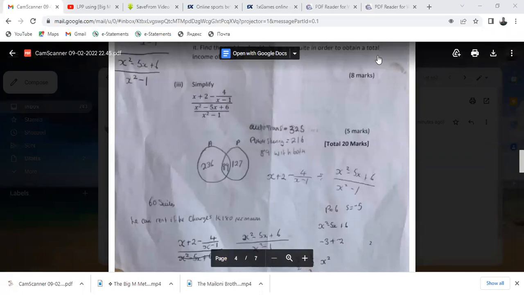Okay, so I'll need someone to shout out this expression for simplifying. I'll go to the board, so you read from here.